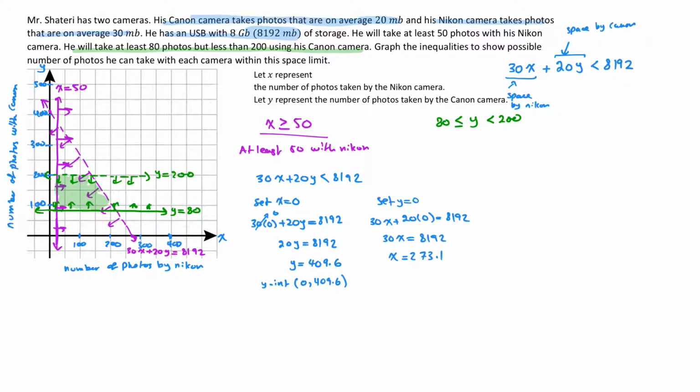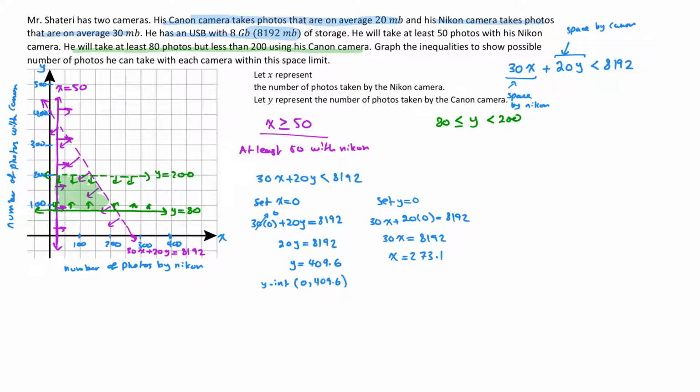If we were to take 50 by the Nikon and let's say 150 by the Canon, we can actually do that. So we can take any coordinate over here, and the X value would represent the number of photos taken by the Nikon, and the Y values photos taken by the Canon, and any of those values would actually work based on the restrictions given in this question.